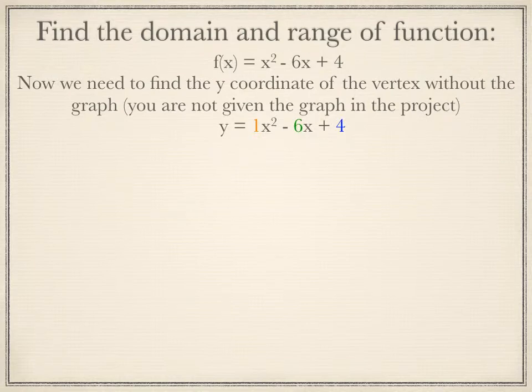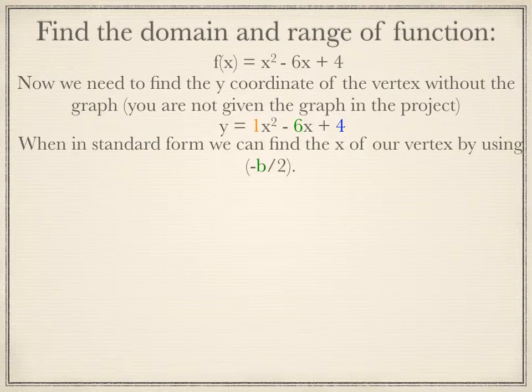So we are given the formula y equals x squared minus 6x plus 4. And when in standard form, we can find the x of our vertex by using negative b divided by 2. So our b in this case is negative 6. So double negatives make a positive, so we get 6 divided by 2 is equal to 3.